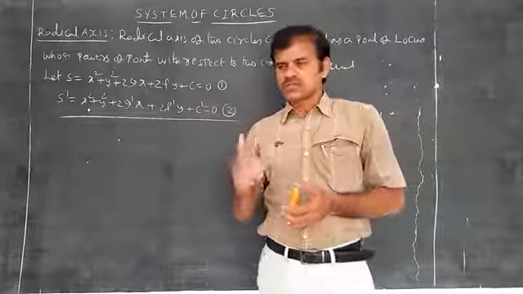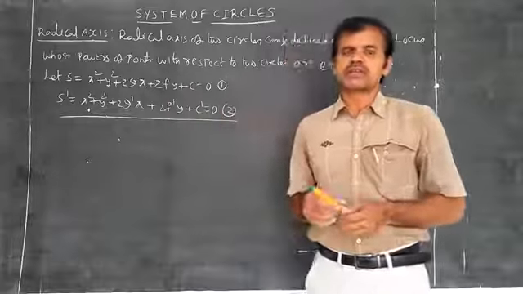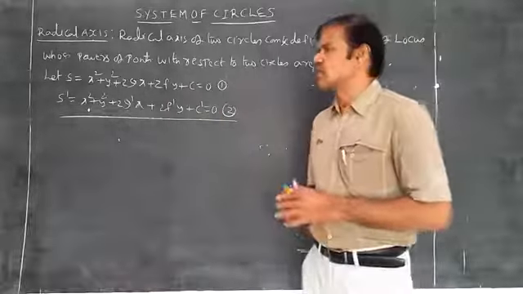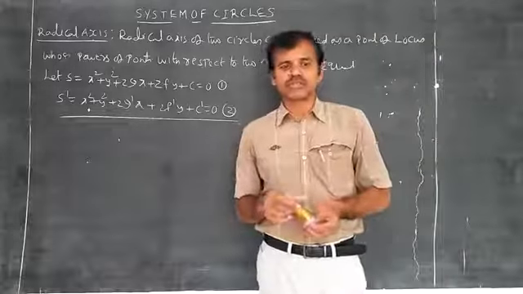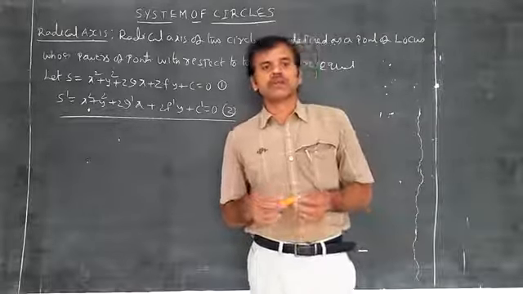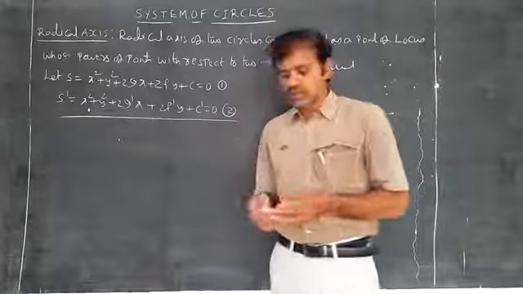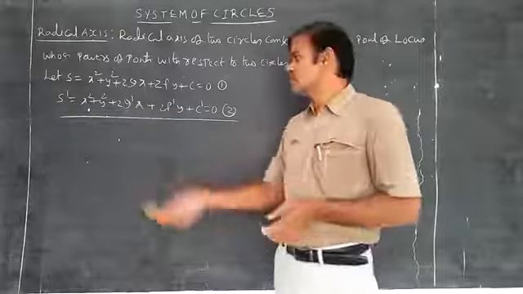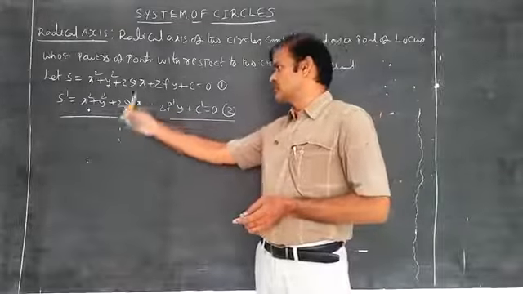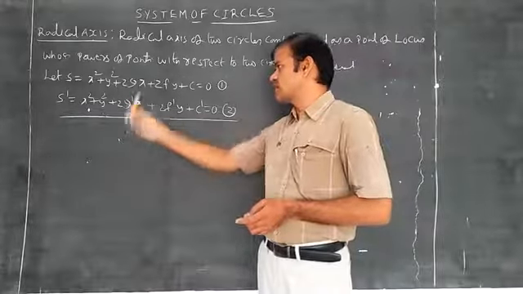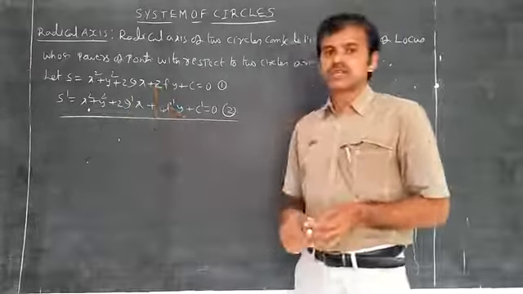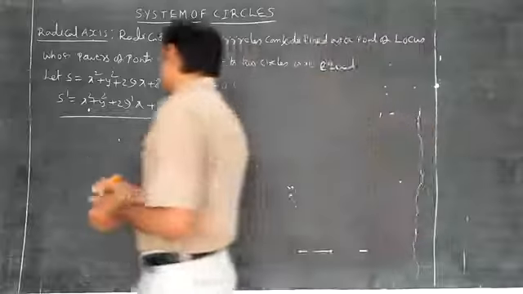The formula of circle is x minus h whole square plus y minus k whole square equals r square. So no need to be confused about x dash or x1. X square and y square will not change; the center may change, but x square and y square will not change because it is a locus.